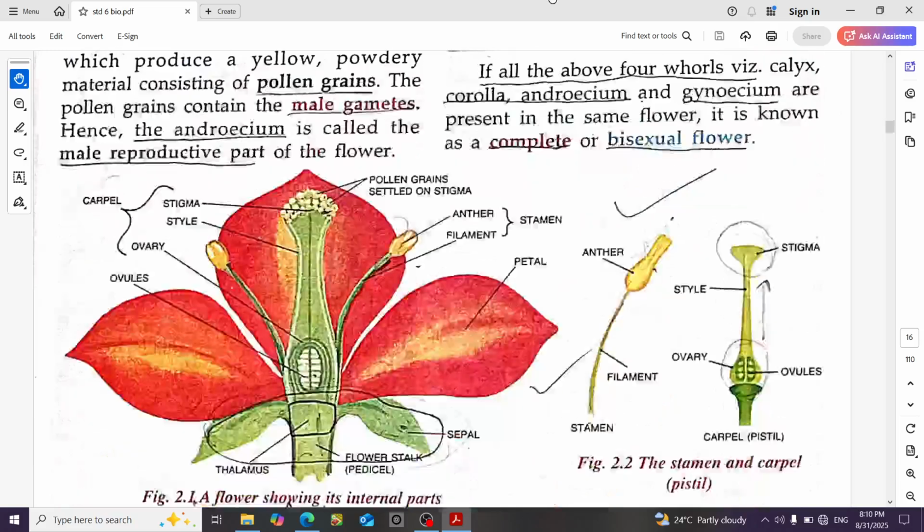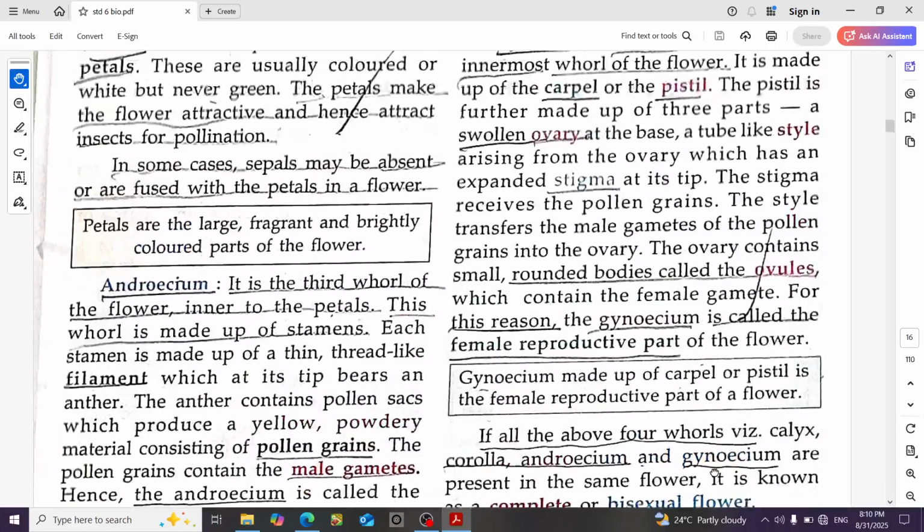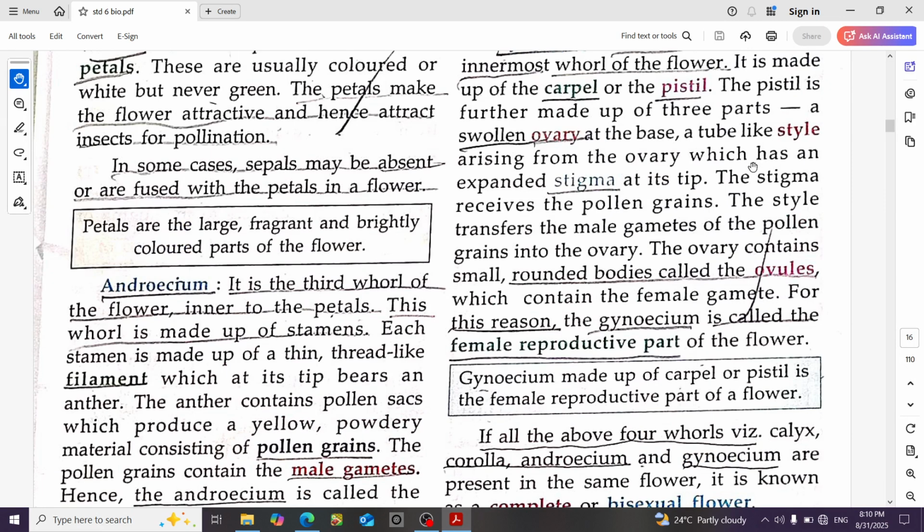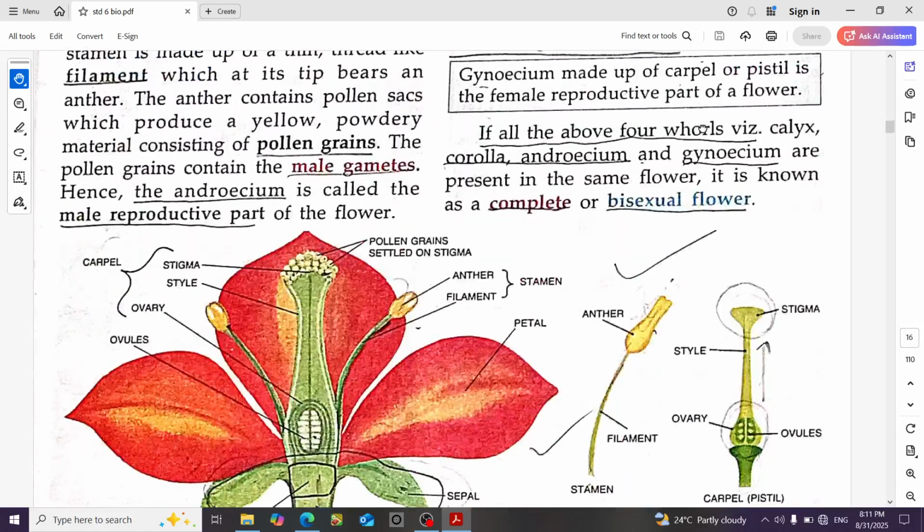Look at the picture here. Here we have the stigma, this is the style, and here we have the ovary. That's the female part. The stigma receives the pollen grains, that is the male gametes, and the ovary contains small rounded ovules which have the female gamete.